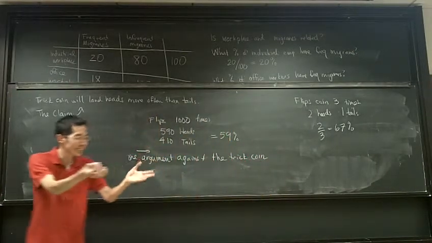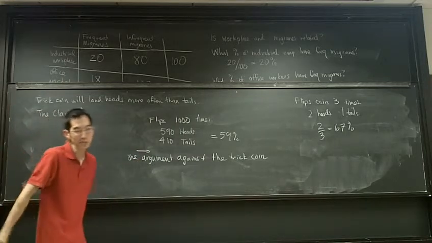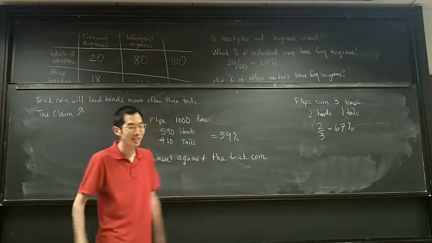Right, so he's selling it, he's like, oh, with this trick coin you can scam all these people and you can make $1 million, right?